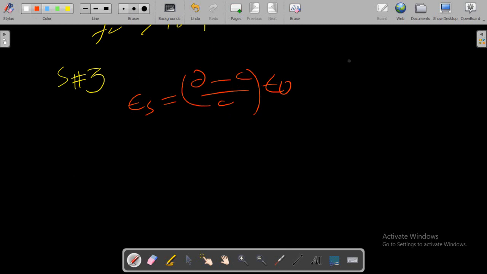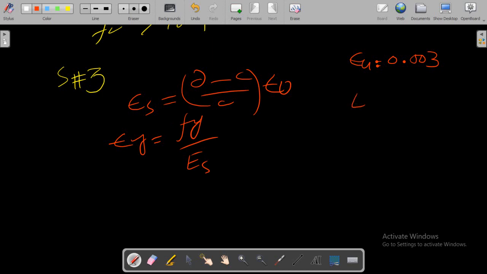We use epsilon u as 0.003, d will be calculated, and c was already calculated in the above steps. Now we have to find epsilon y.